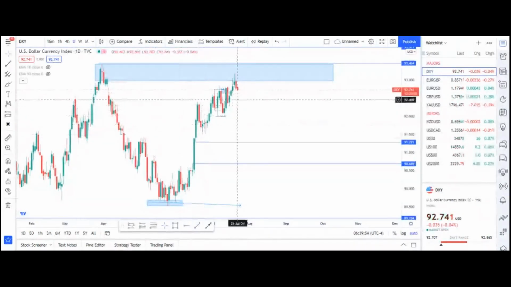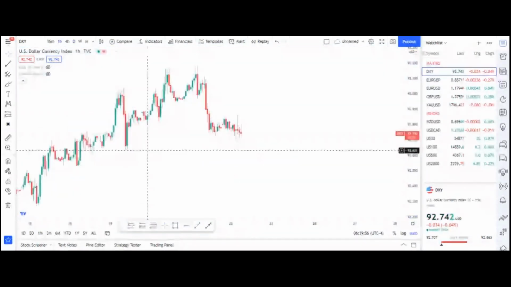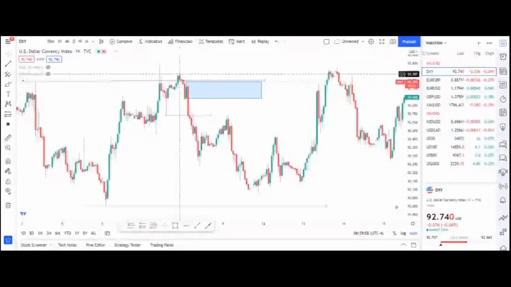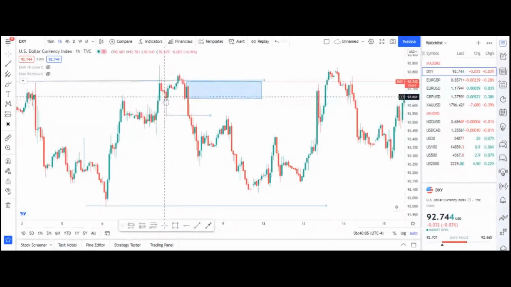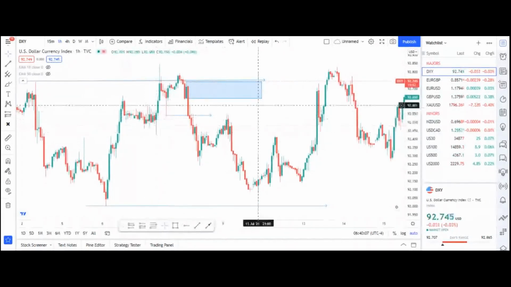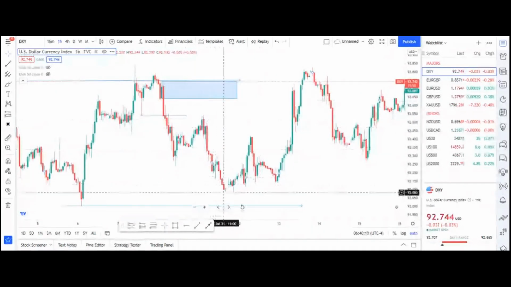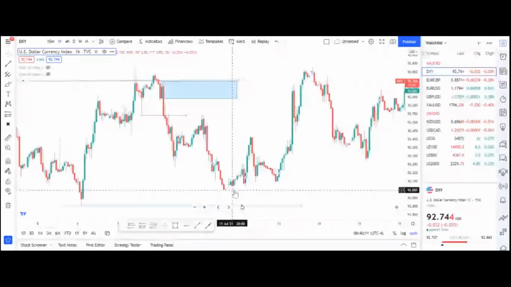So bearish on DXY. I had a sell at this area right here. Well, it never delivered, but it came back to this breaker block right here. I used this one and this one, so they were relatively the same. So I had a short back into this before we flew away.